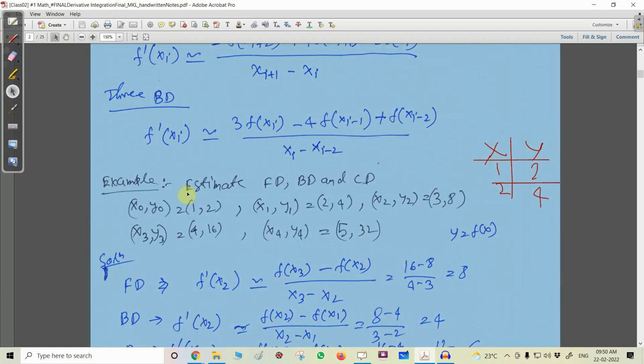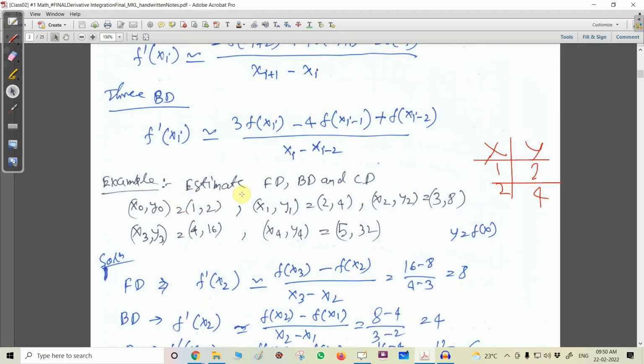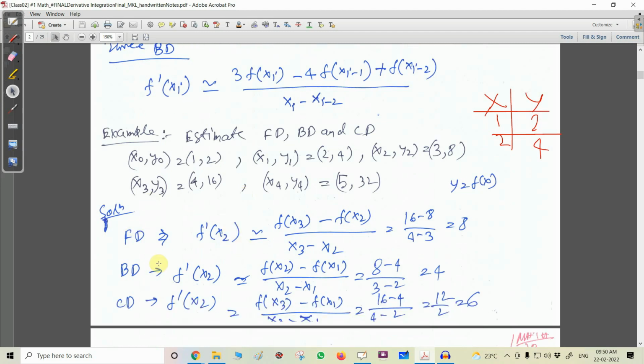There is an exercise: estimate the forward difference, backward difference and central difference using these data points x0, y0, x1, y1, x2, y2 and up to x4, y4. What would be the forward difference, the backward difference, and the central difference at the x2 point, they were asking. Write this down.